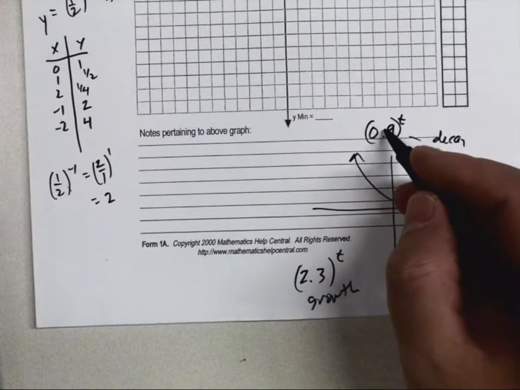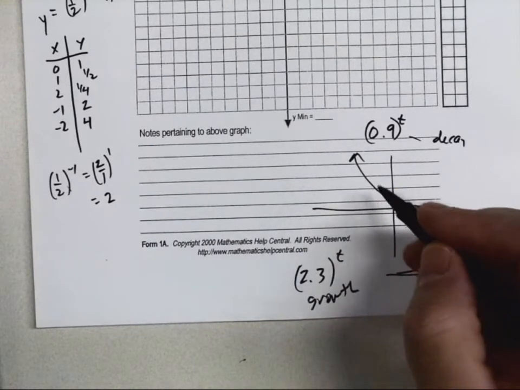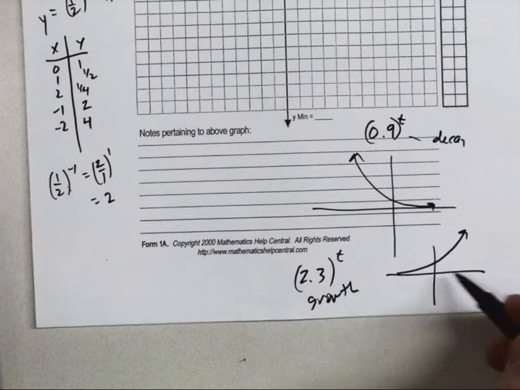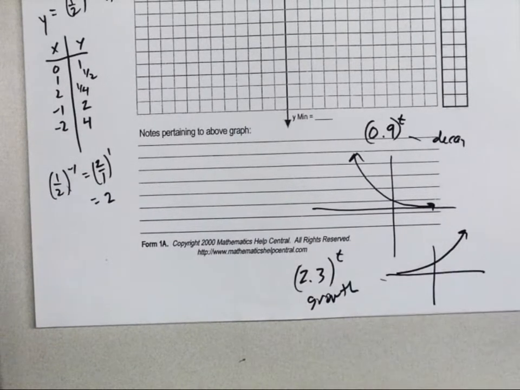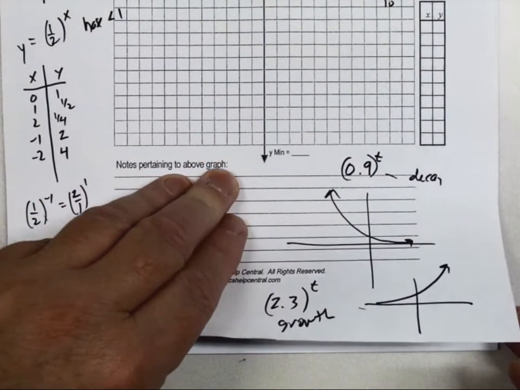If the base is between 0 and 1, it's going to be a decay. If the base is greater than 1, it's growth, exponential growth. All right, that becomes important, especially with story problems and also some graphing problems.